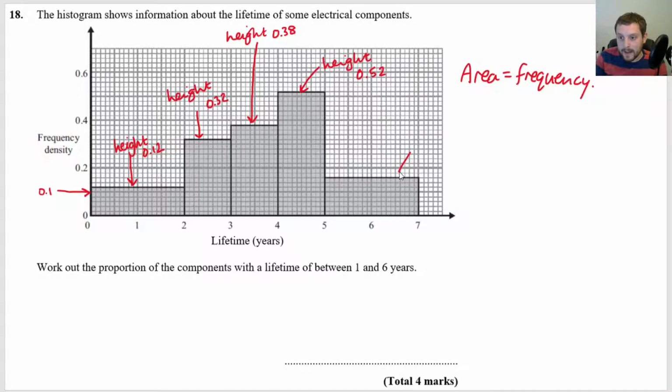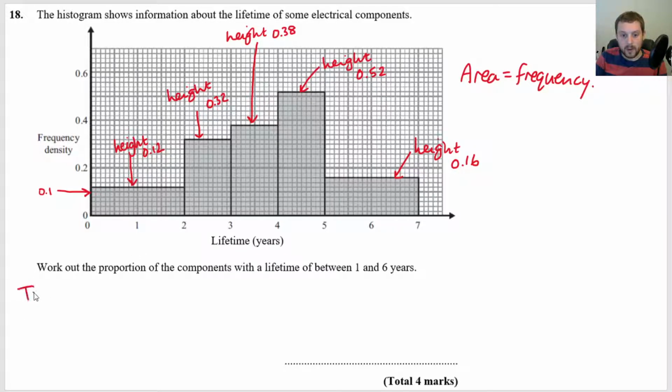And then this last one has a height of, well, there's 0.1, 0.12, 0.14, 0.16. Okay, so now we're in a position to actually just compute this totally, right?